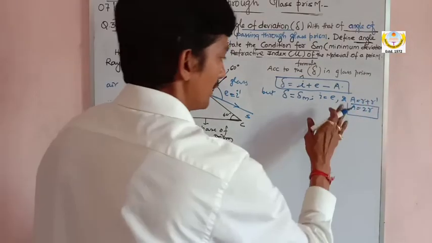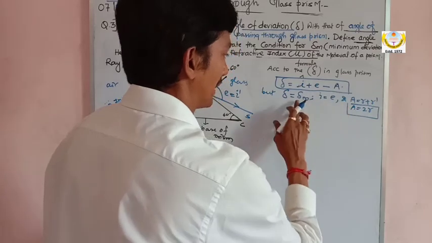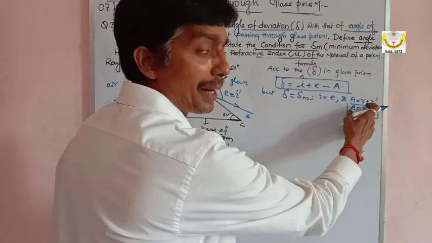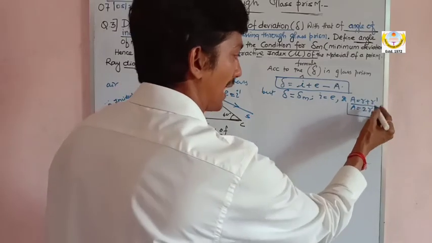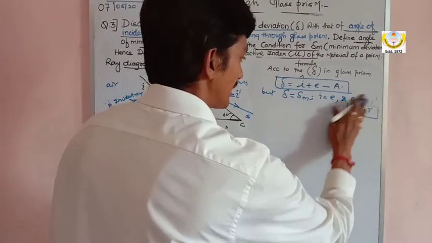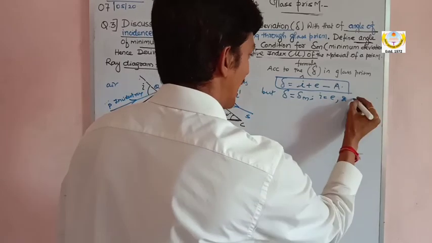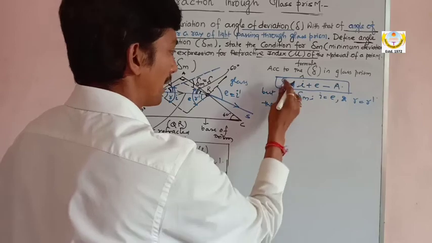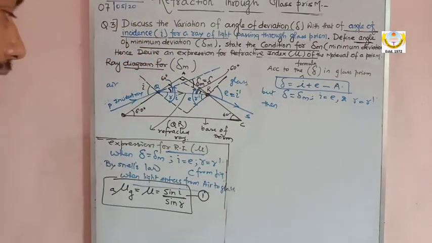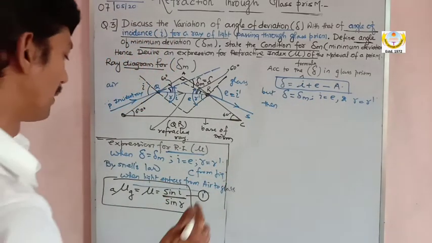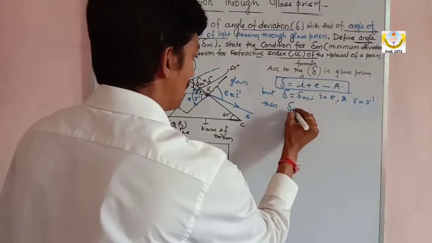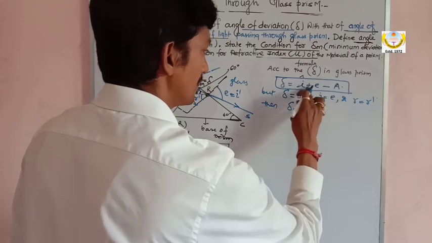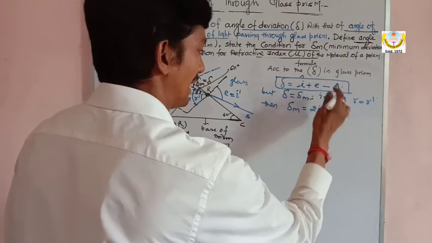Am I clear, my dear? So at this stage, delta is equal to delta M, I is equal to E, A is equal to R plus R dash, and R is equal to R dash. So from the figure, delta M is equal to 2I minus A, because I and E are equal.